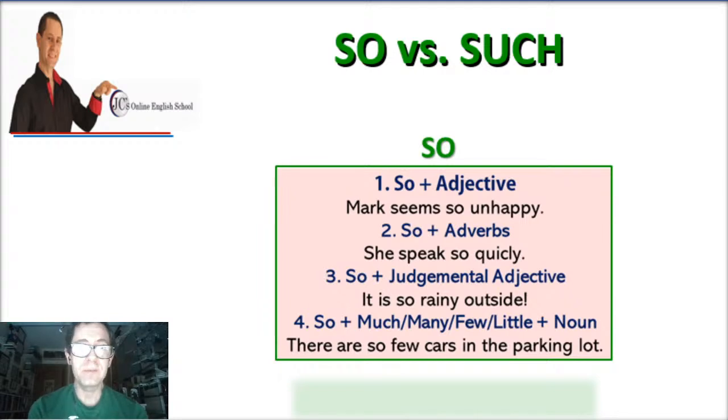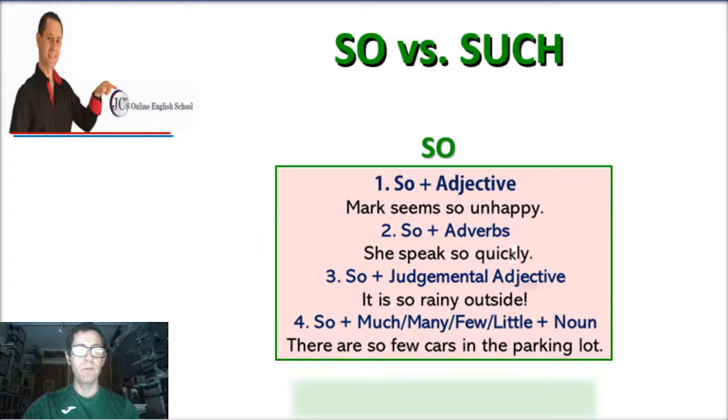So plus adverbs: she speaks so quickly. So plus judgmental adjective: it is so rainy outside. And so plus much, many, few, little, and a noun. For instance, there are so few cars in the parking lot. Okay, so that is in terms of so. Four cases to use so.